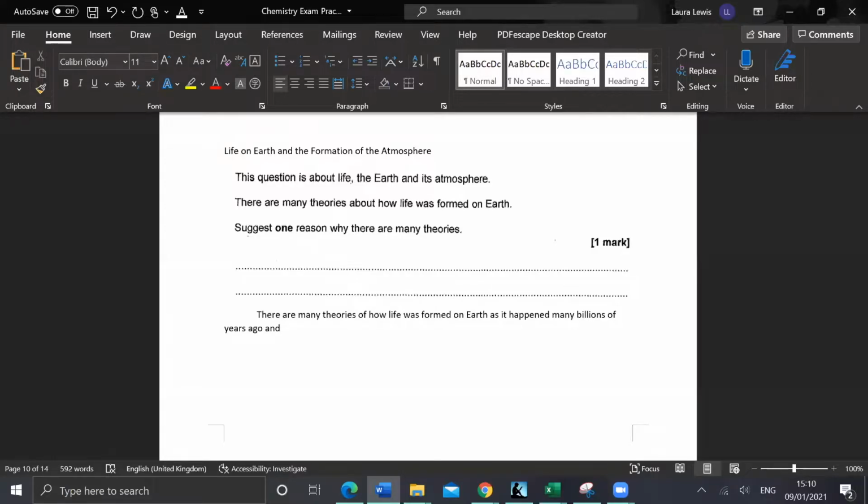It happened many billions of years ago, and there is not sufficient, so this means enough, evidence. Yeah, because you have to say it scientifically. You can't just say, well, there weren't any humans there, because it's kind of true, but it's not very scientific. We need to say it in a scientific way. There is not sufficient evidence of the earliest life.